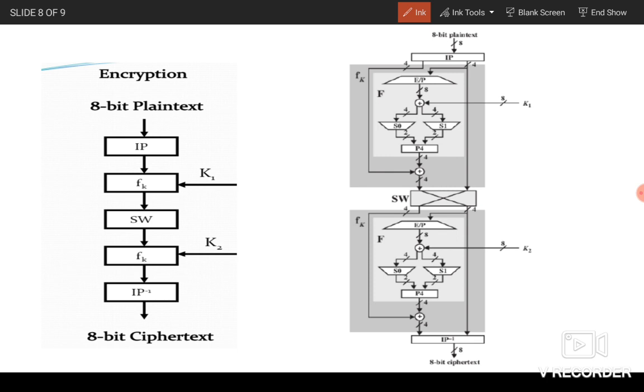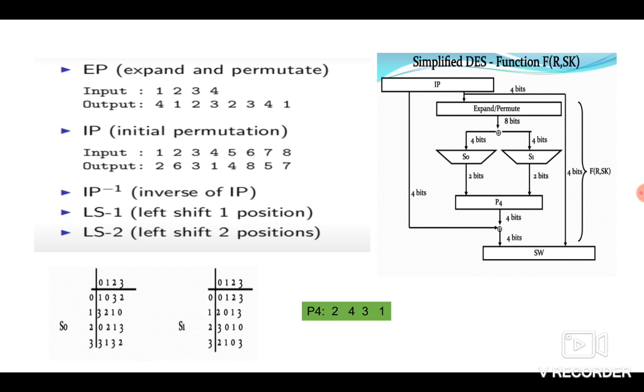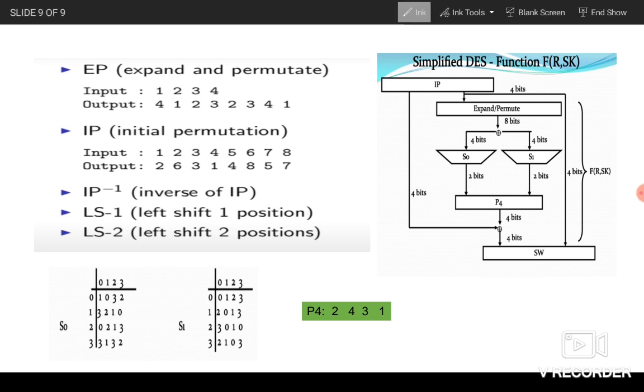So how is the function depicted? This is the function block diagram. We will see it in detail in the next diagram. So this is the function. Initially we have the initial permutation, then the expand permutation is done, we get 8 bits and they are shifted.